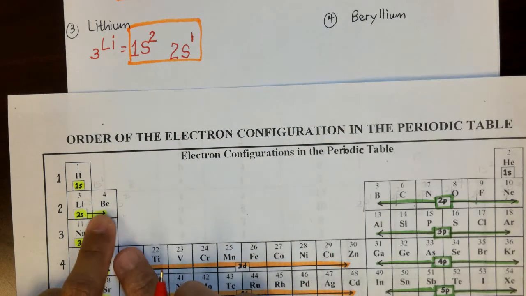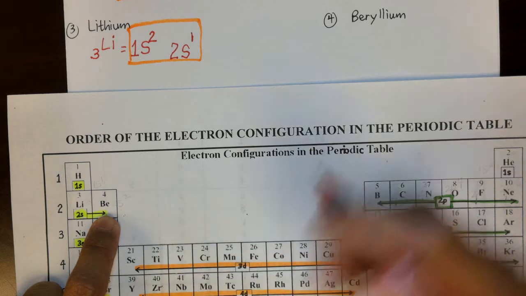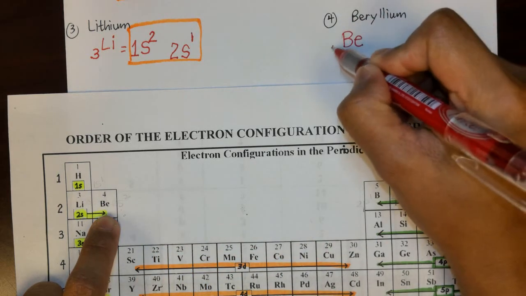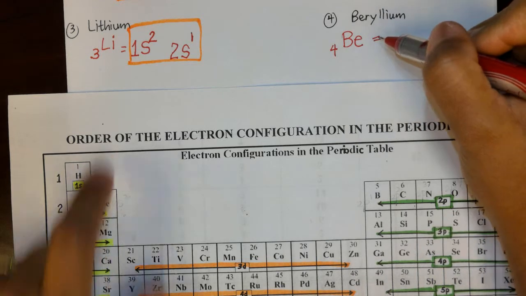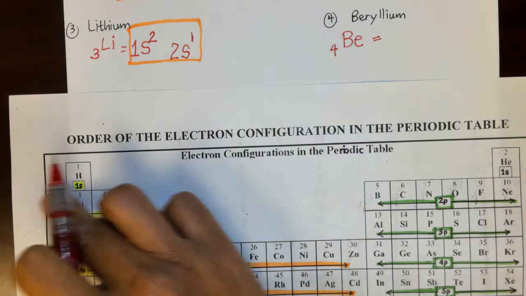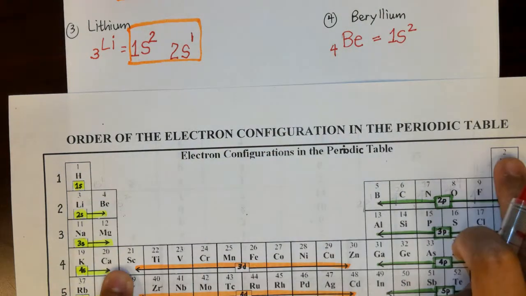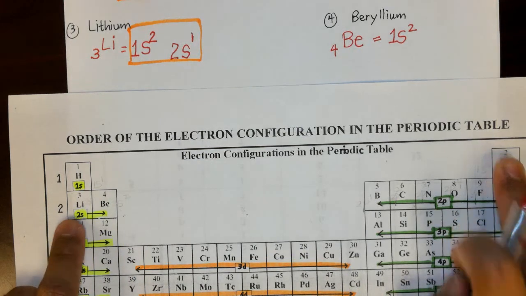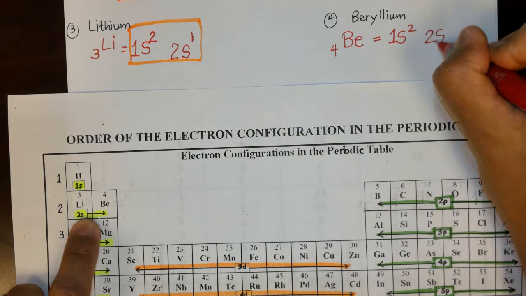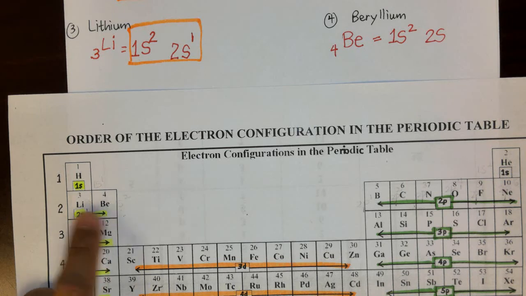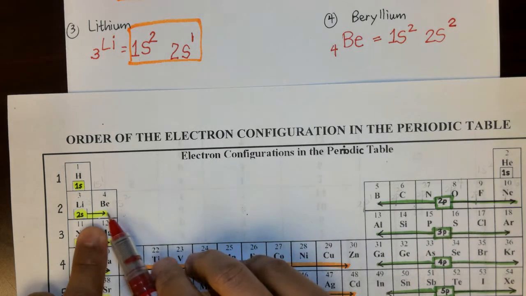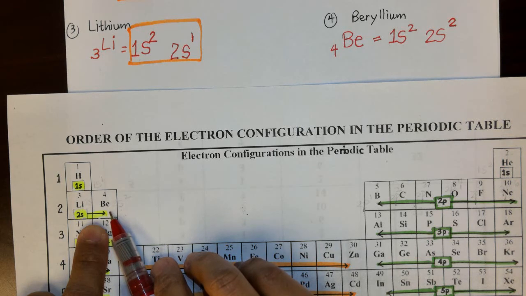When we proceed to beryllium, the neighbor of lithium, it is still in the 2s. However, it's the second 2s element. So if I write Be with 4 electrons, it will still be the same: it will pass by the first floor, which is always 1s2, because there are only 2 elements there, to be followed by 2s, but this time the exponent will be 2, because it's the second 2s in the periodic table.